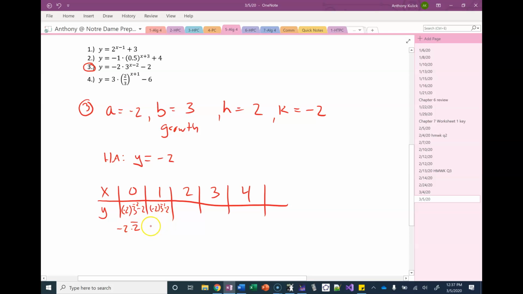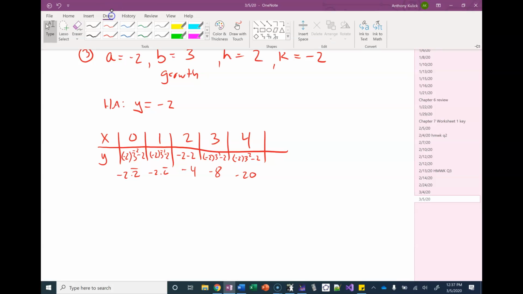So that's -2.6 repeating. And then we just have A plus K. So that's -4. And we have A times B to the first plus K. So that's going to be -8. And then we have A times B squared plus K. So that's going to be -20.